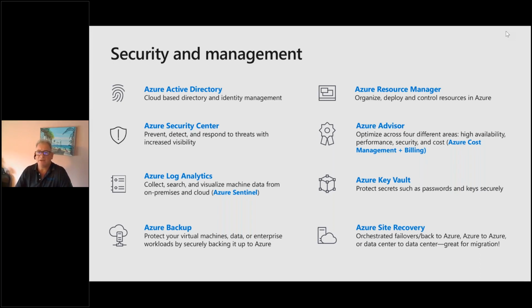The second line of services I've listed up here are Azure Security Center and Azure Advisor. These are really some powerful, growing services within Microsoft. And they somewhat work together, in addition with Azure Advisor, there's a newer product called Azure Cost Management Plus Billing. I put that in there in the blue. Those work together and in essence assess your environment and give you recommendations.